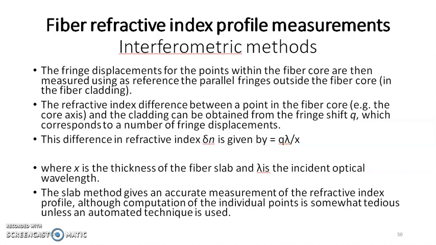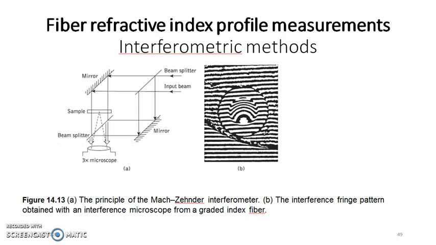So the difference in refractive index, delta n, is equal to Q lambda by x. X is the thickness of the fiber slab and lambda is the incident optical wavelength. In the setup here, we have two mirrors, and we get a delayed version of the signal using these two mirrors.